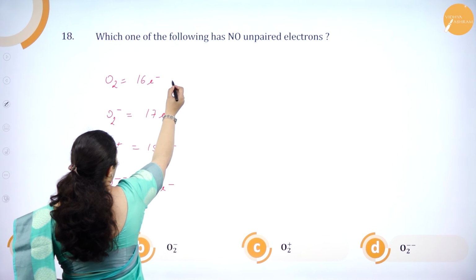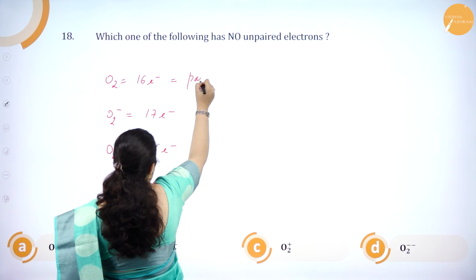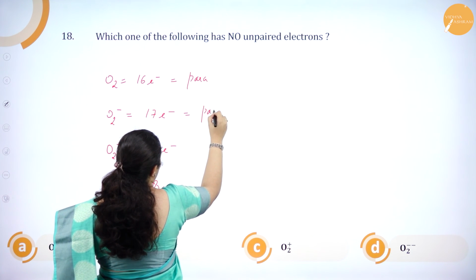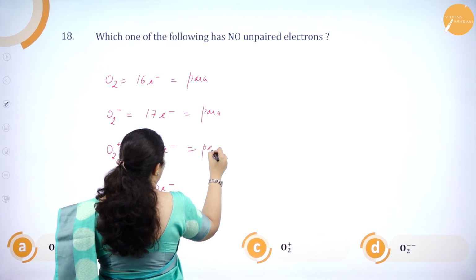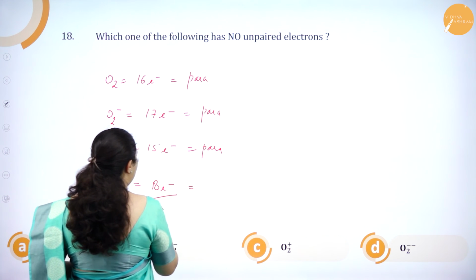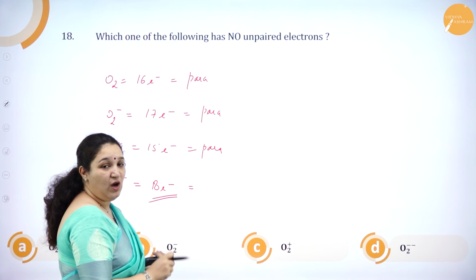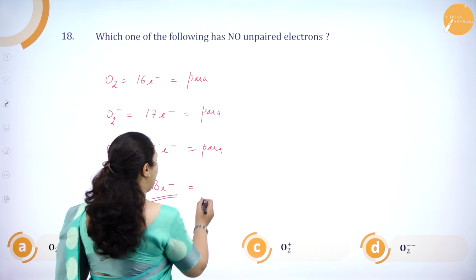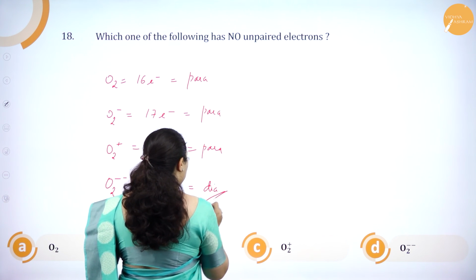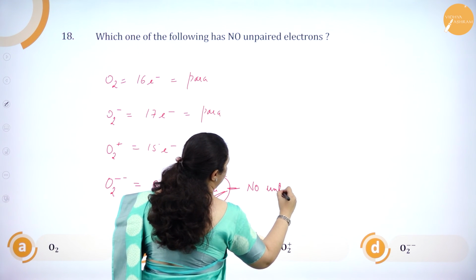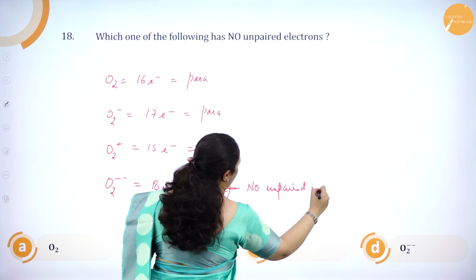Now, if you see, 16 electrons is paramagnetic. That means an unpaired electron is there. An odd number means it is paramagnetic. So this also is paramagnetic, and this also is paramagnetic. Only if it is an even number, other than 16 and 10, all the other even numbers are diamagnetic. Correct? So if it is diamagnetic, no unpaired electron.